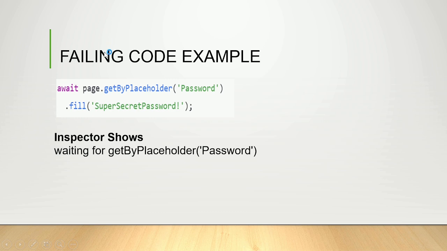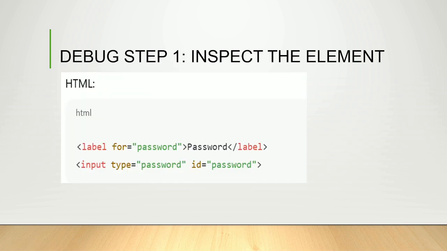We already saw where our test case is failing, here at the password, where we used getByPlaceholder, which was not present in the DOM. That's why our test case failed. So we need to use getByLabel. We already debugged this code, inspected the password field and opened the DOM, and we checked that for the password we have a label, not a placeholder.